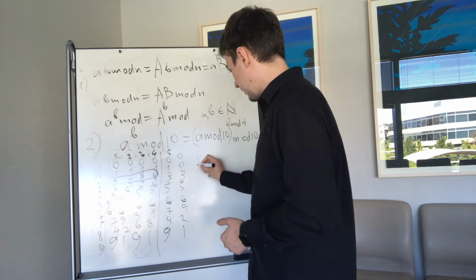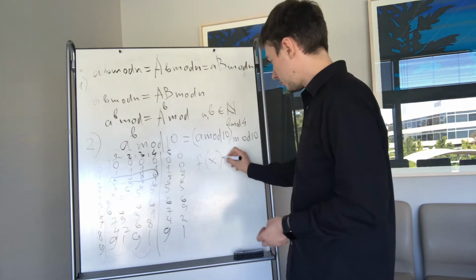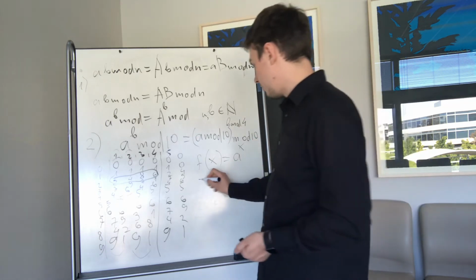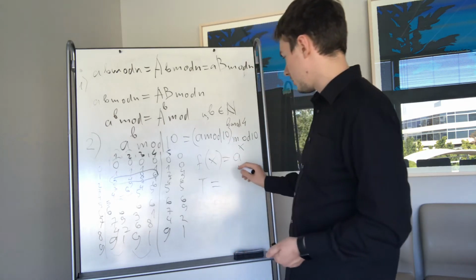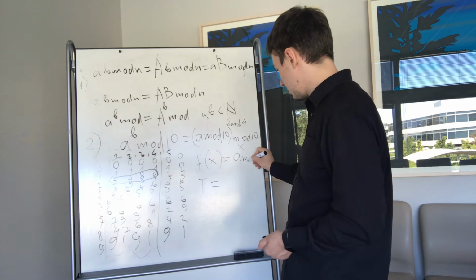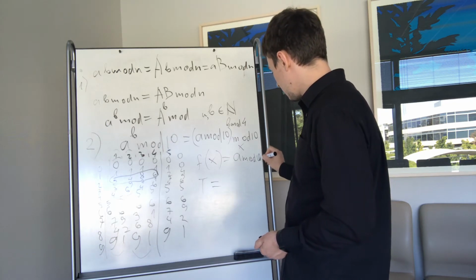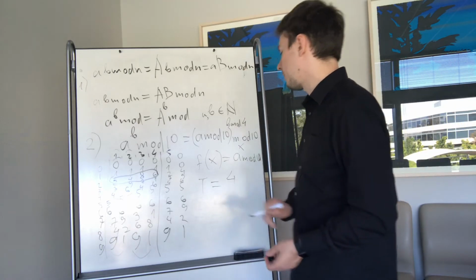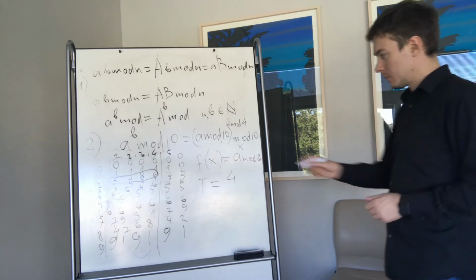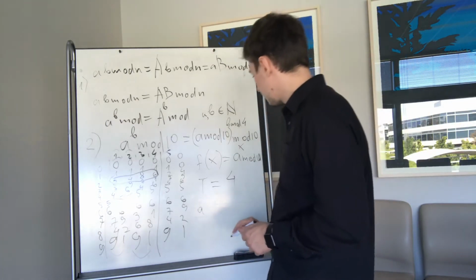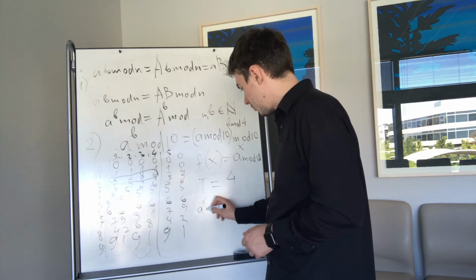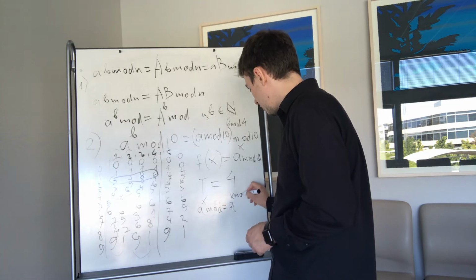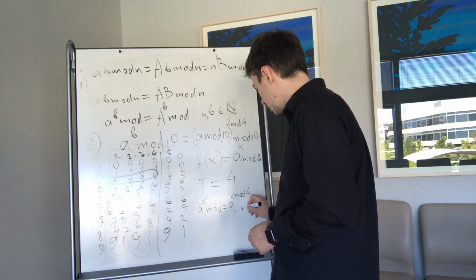It means this function f of x is a periodic function, and the period is not 10. The period of this function is 4. So it means that a^x mod 10 equals a^(x mod 4) mod 10.